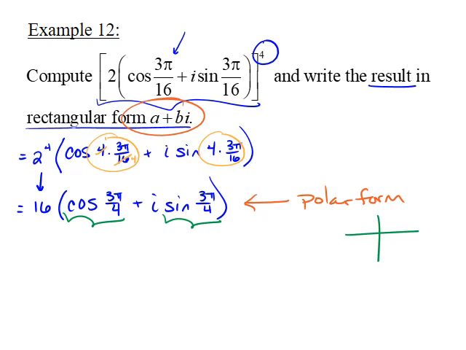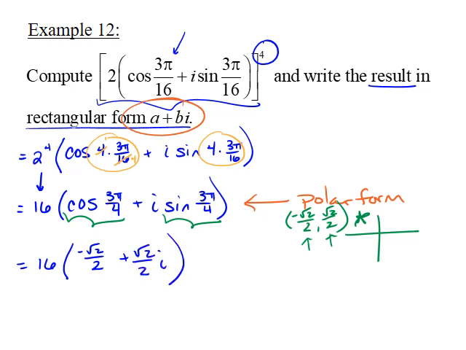Now, 3 pi over 4 is in quadrant 2, and the associated ordered pair of pi over 4 in quadrant 2 is negative root 2 over 2, root 2 over 2. So I know cosine and I know sine. So this becomes 16 times negative root 2 over 2 plus root 2 over 2 times i.